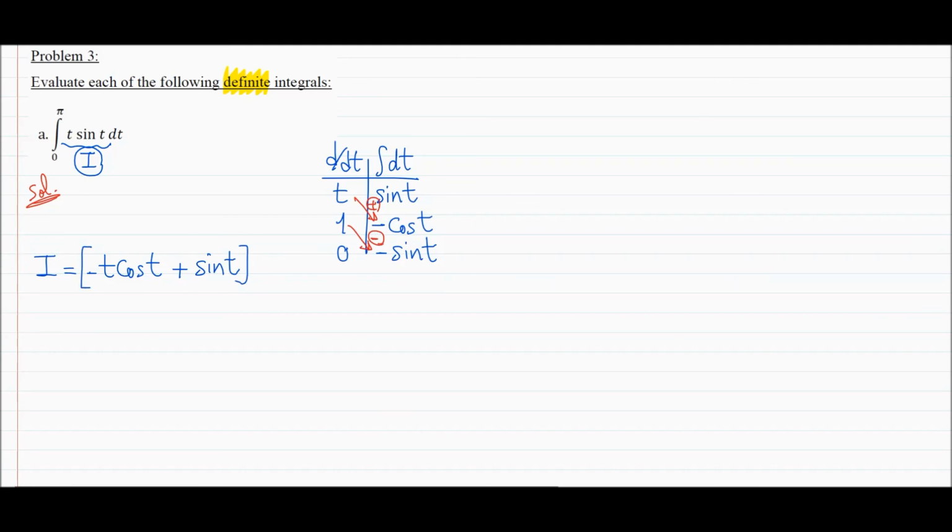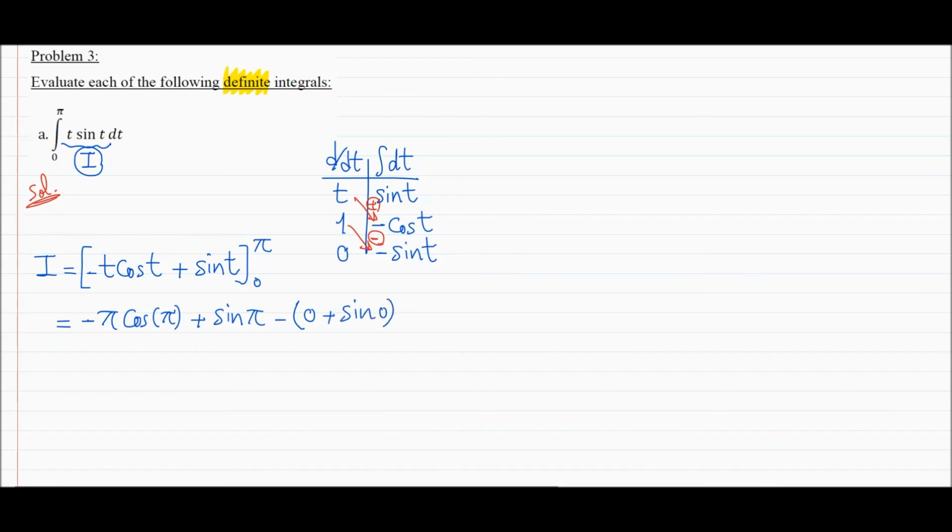I have to make substitution from 0 to pi, so I will replace each t by pi, so it will be negative pi multiplied by cosine pi plus sine pi, minus, by replacing each t by 0, it will be 0 plus sine 0.